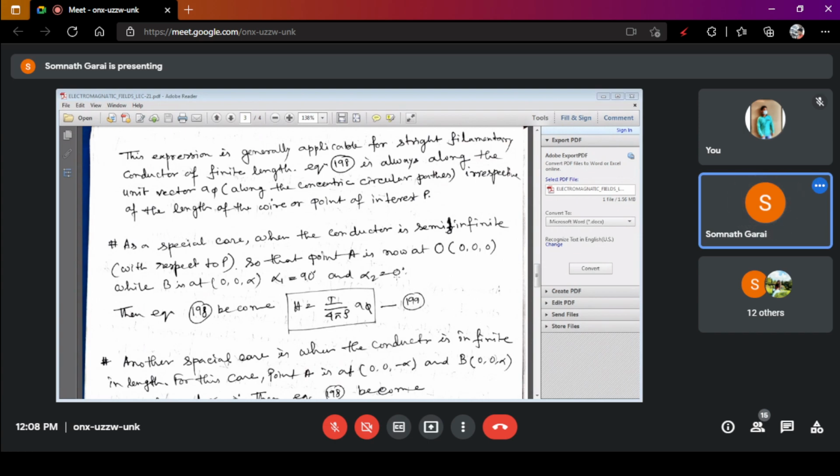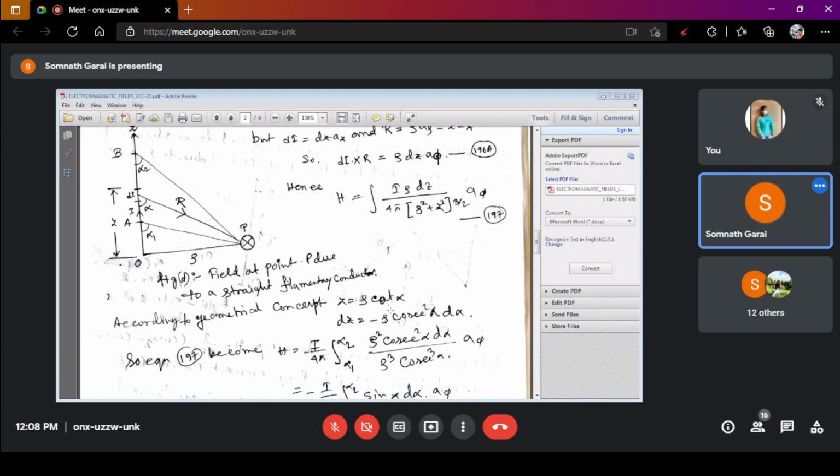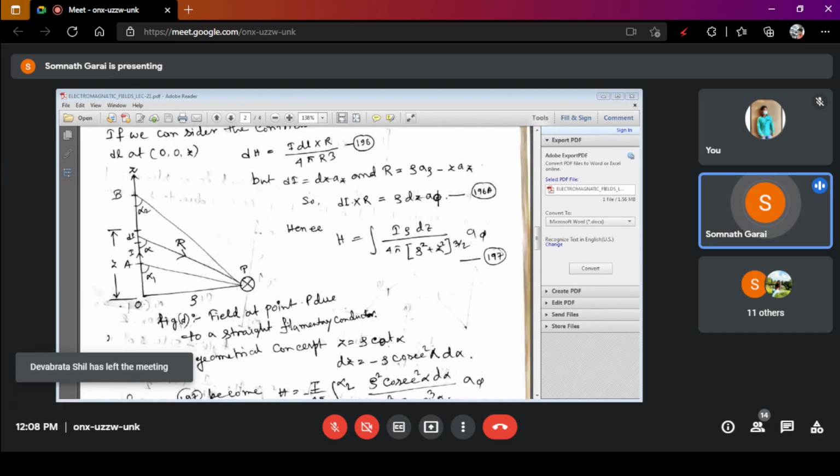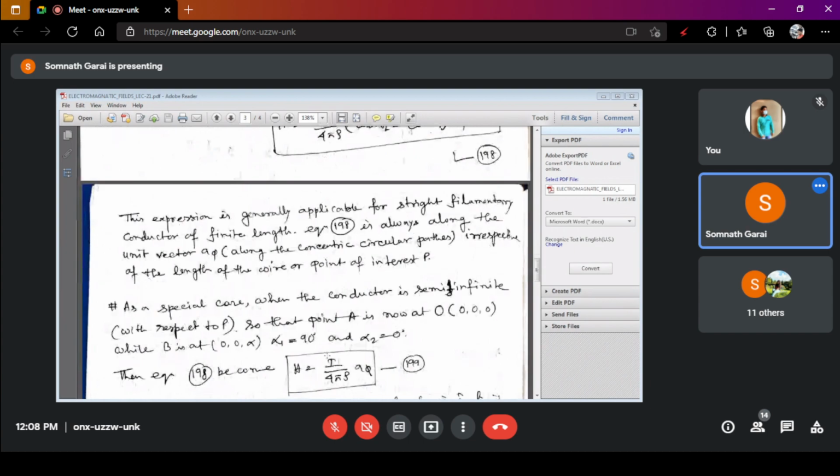For the special case, if the conductor is semi-infinite, then the angle alpha 1 is equal to 90 degrees and the angle alpha 2 is equal to 0 degrees. Because here point A comes to the point O, so that is a right angle, and point B is far away along the Z axis, where the value of Z is infinite. So that angle is approximately a straight line, equal to 0 degrees.